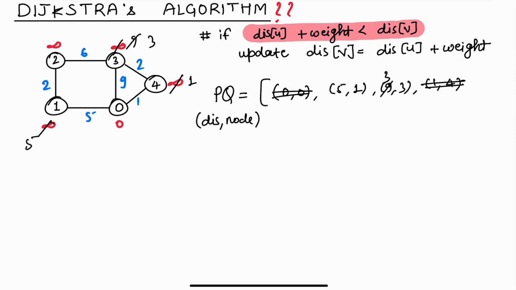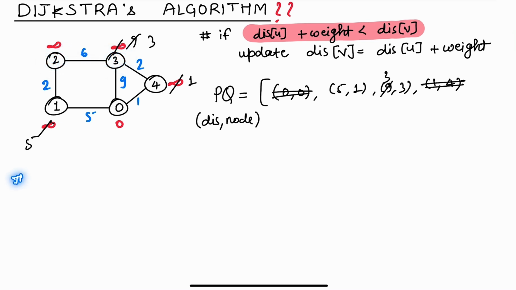Now we will go to another shortest distance, that is 3, 3, as 3 is updated. So we'll go to the 3, 3. Node is 3 and distance is 3. From node 3 where we can go is 2.